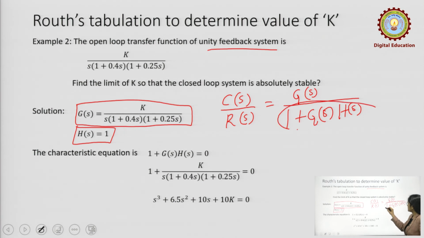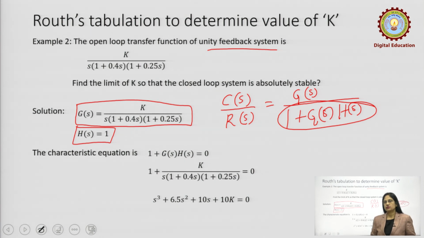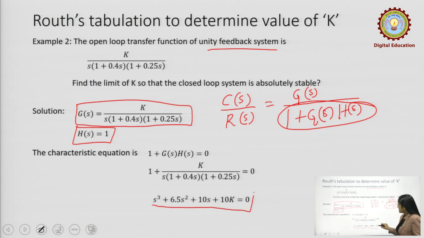So, the characteristic equation is 1 plus G s H s equal to 0, the denominator of the closed loop transfer function, that is, the poles of the closed loop transfer function are determined. This is the characteristic equation: s cube plus 6.5 s square plus 10 s plus 10 k.